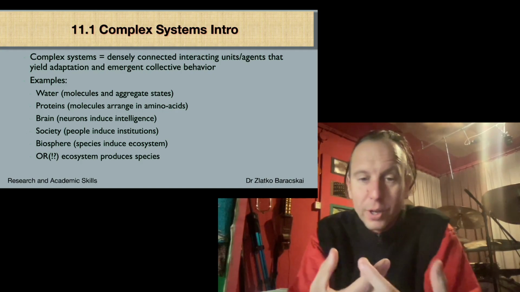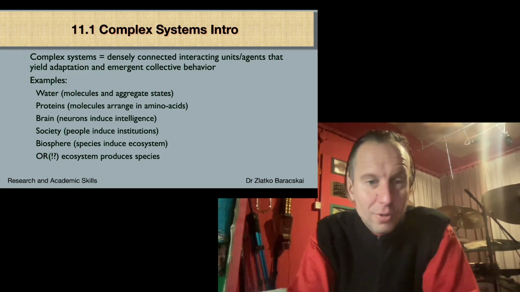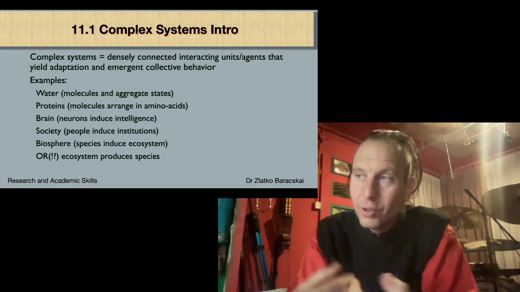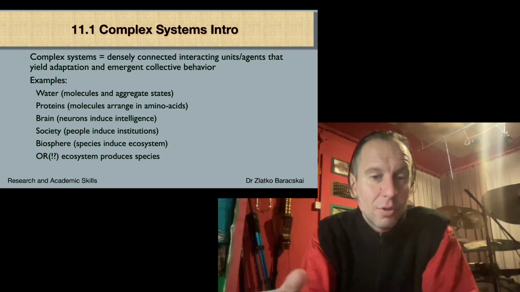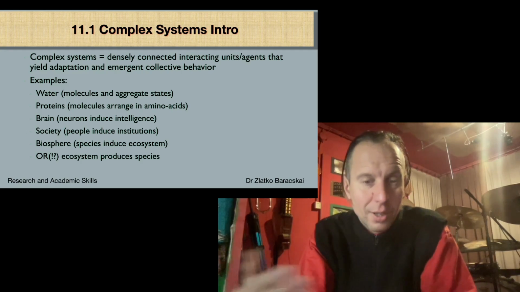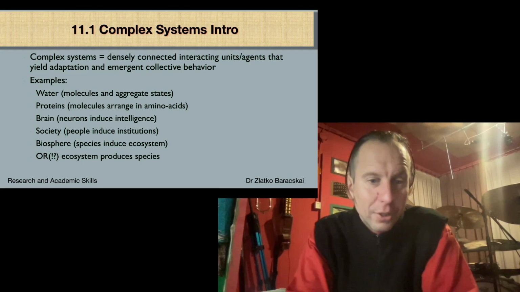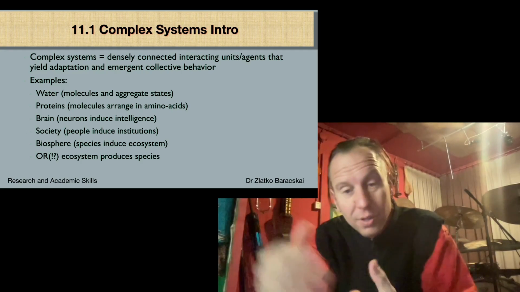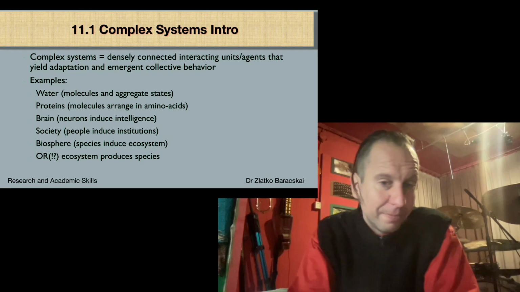So with my awareness, I could make a choice that will change the functioning of the neurons, but at the same time, the neurons come together to produce this awareness and intelligence. So there is a two-way interaction going on across these levels of organization.